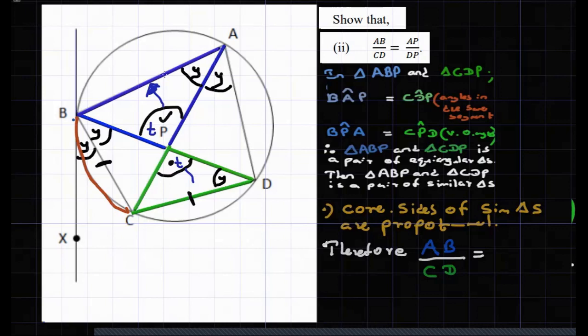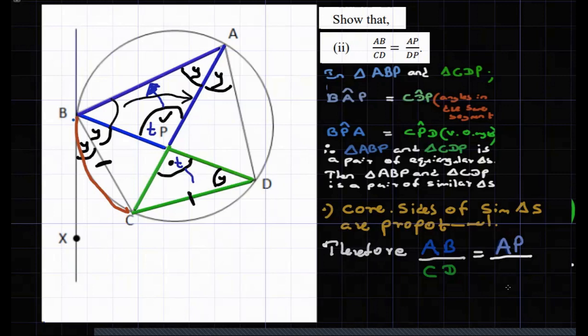What is it? They want us to take AP, so let's take AP. AP is to, what's AP's corresponding side? Where is AP? AP is in front of the empty angle where we haven't marked anything. So in the green triangle, what's in front of the angle that has been kept empty? This one. What's in front of it? That's DP.